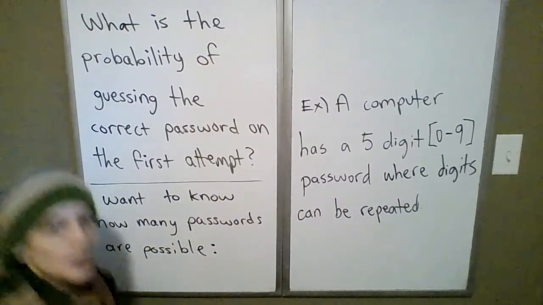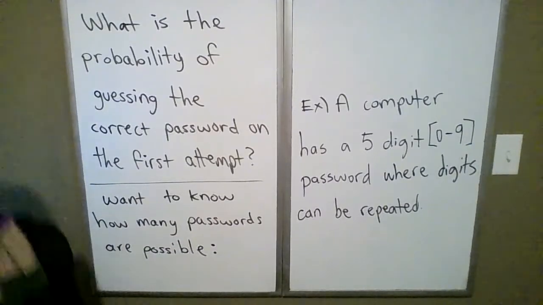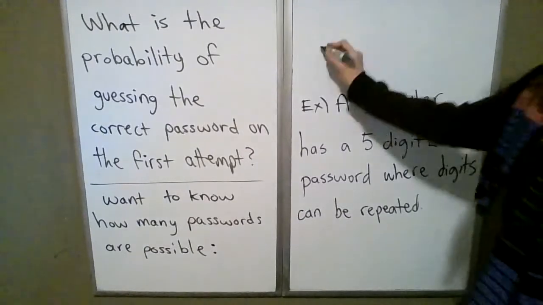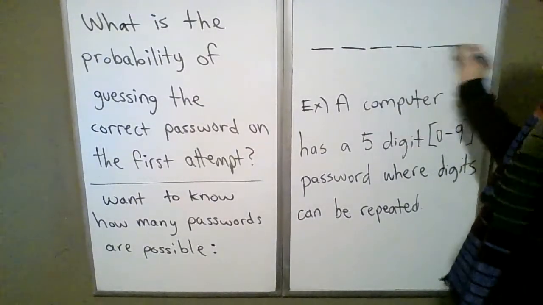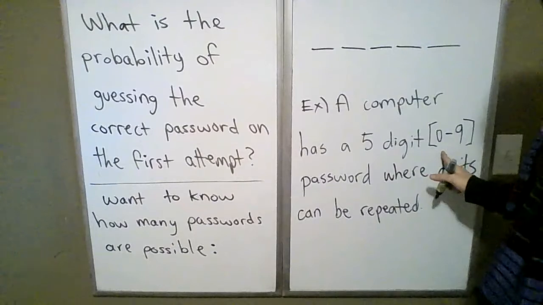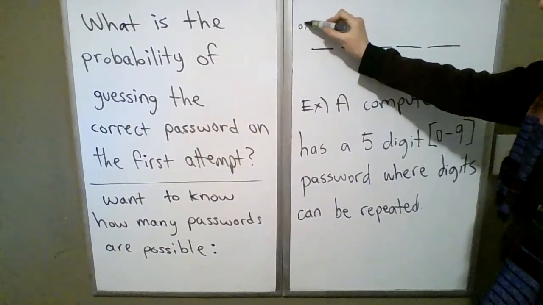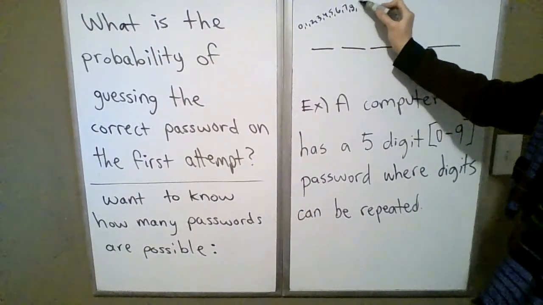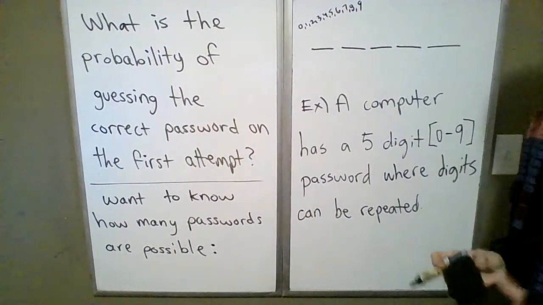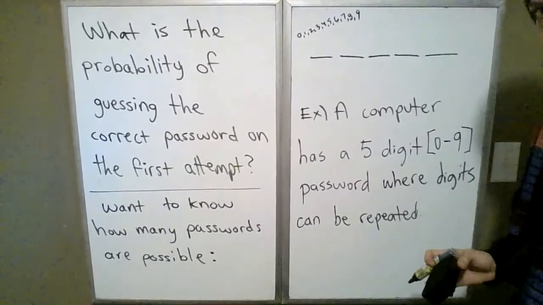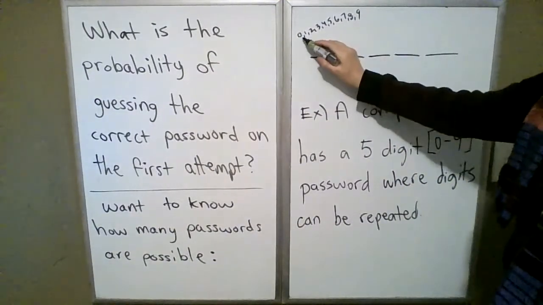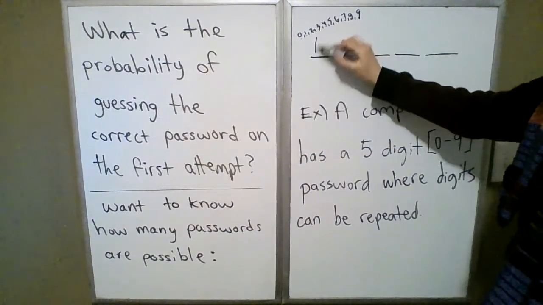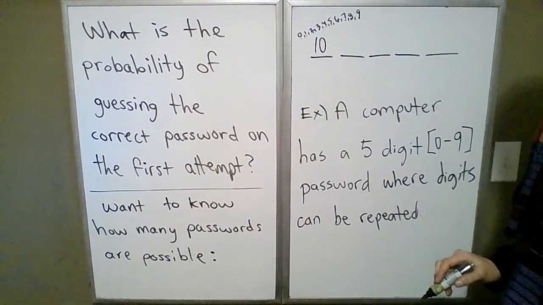Okay, so let's see. Let's make a space for every digit, 5 spaces. Each spot, you have the choices 0, 1, 2, 3, 4, 5, 6, 7, 8, and 9. Which means you've got 10 choices. 1, 2, 3, 4, 5, 6, 7, 8, 9, and 10 possibilities for your first digit.